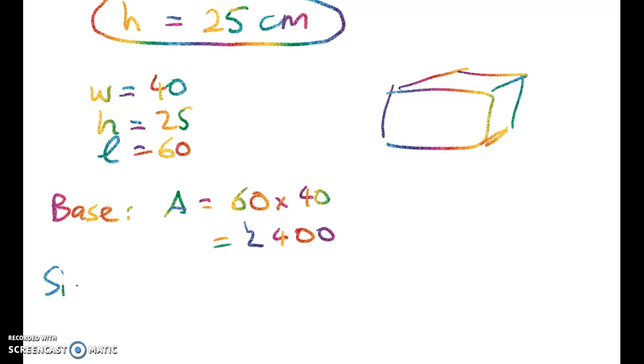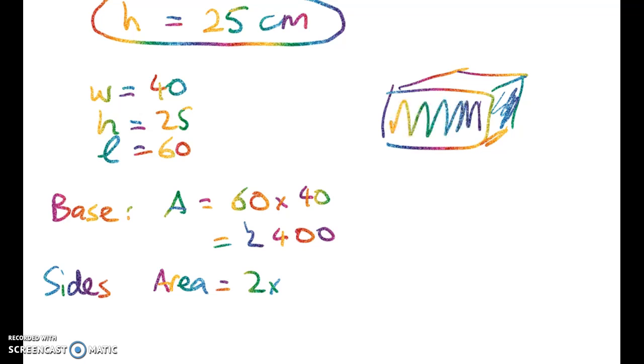And then the sides, we've got 2 times this one here, and then 2 times this one here. So it's going to be 2 times 25 times 40 plus 2 times 60 times 25.